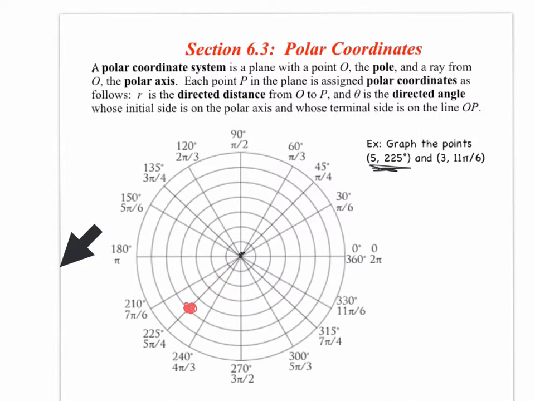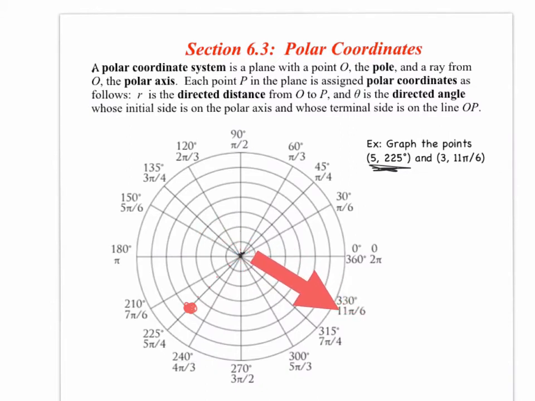So we do the same kind of thing with 11 pi over 6. We start pointed toward 0, and this time I've got to rotate all the way around till I'm pointed at 11 pi over 6. And then I would do 1, 2, 3 steps this time.